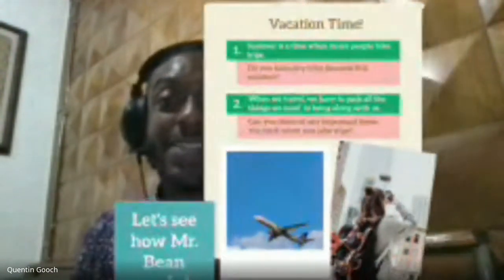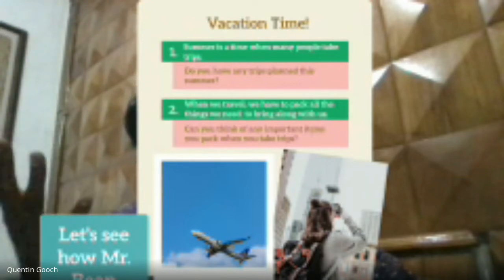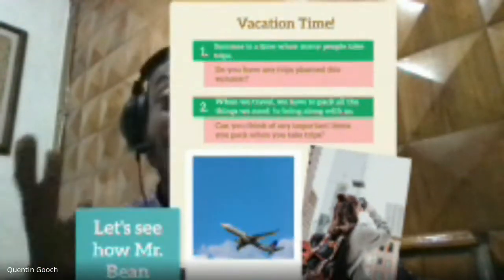Okay, so it's vacation time. Vacation is a word that we use in English to mean taking a trip or going somewhere fun on your time off.